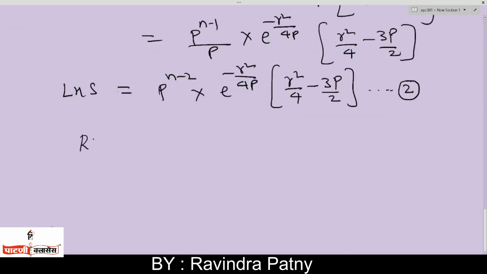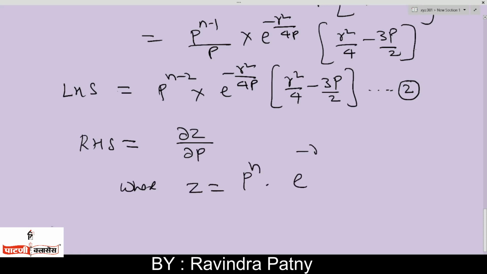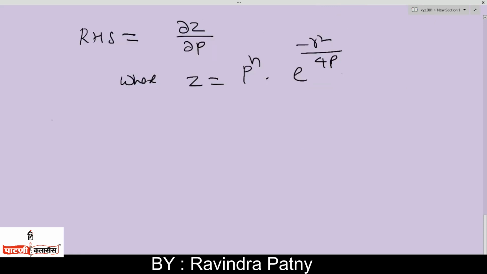Now RHS equals dou z by dou p, where z equals p raised to n into e raised to minus r square upon 4p. Dou z by dou p.